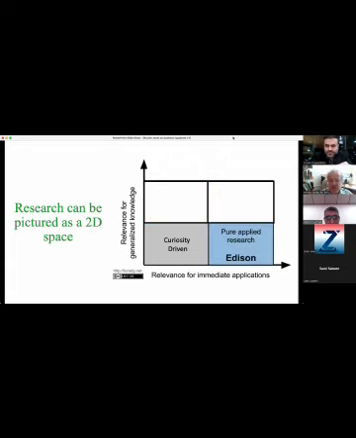And in the purely applied quadrant, his model was Thomas Edison, the great American inventor of things like the light bulb and the phonograph. Edison's concern was much less about whether he was understanding the basic science of the light bulb. He just wanted a light bulb that would work.